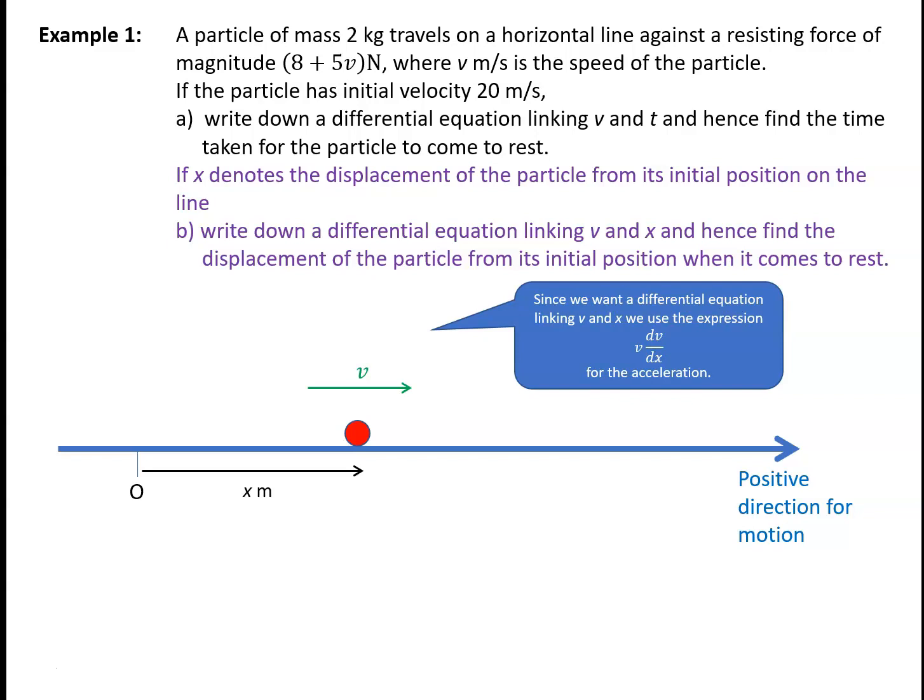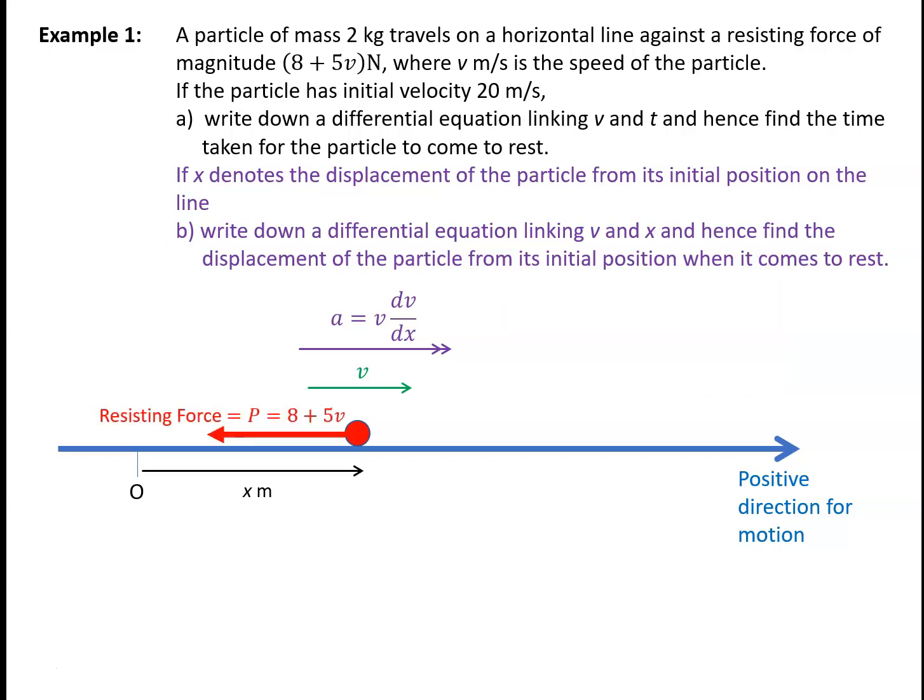So for the acceleration we're going to use the v dv by dx format. And again we've got the resisting force of 8 plus 5v. So when we apply Newton's second law, we've now got minus p equals 2a, exactly as before, but this time that's minus 8 plus 5v equals 2v dv by dx.